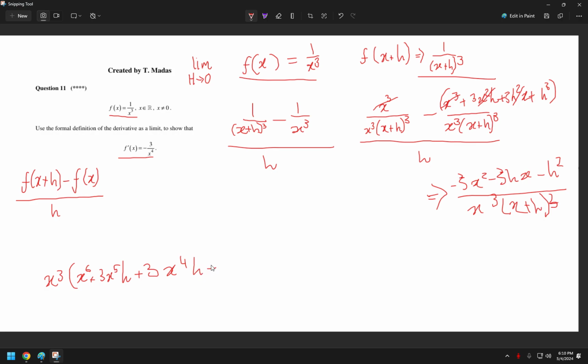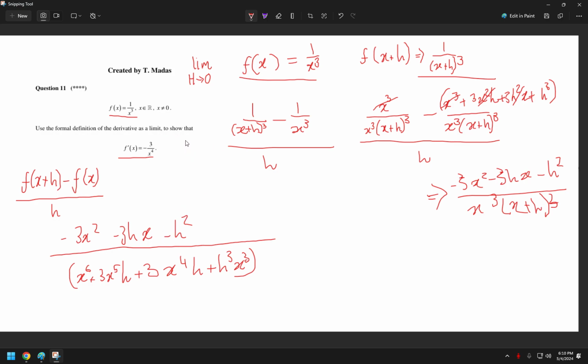And the last one's plus h cubed x cubed. That's our denominator value. And now if we bring back the numerator over this, which is minus 3x squared minus 3hx minus h squared.